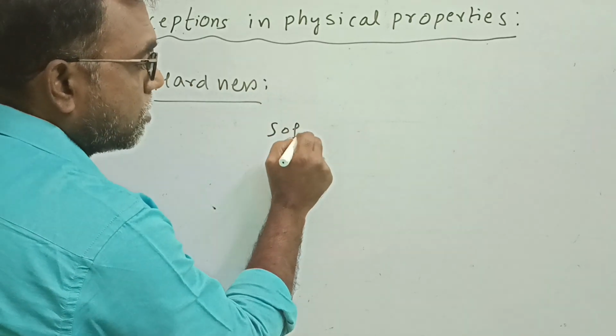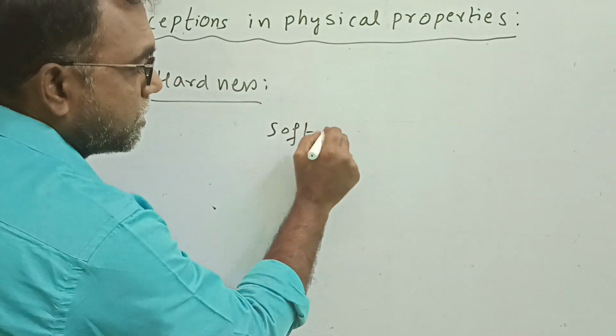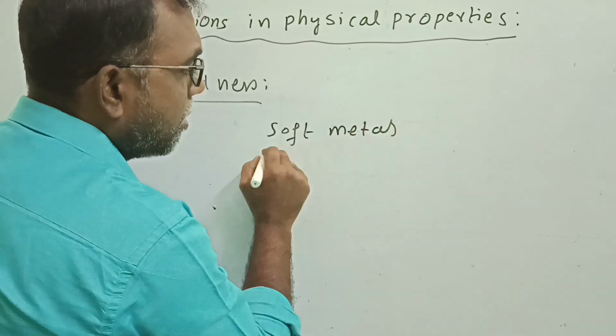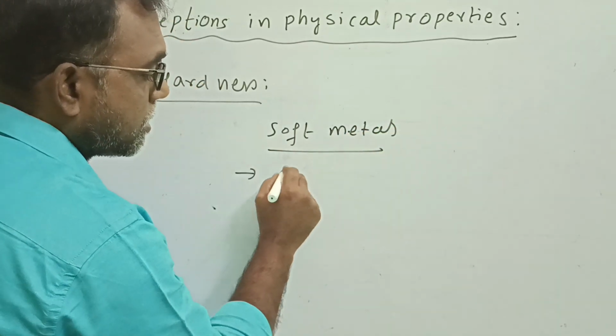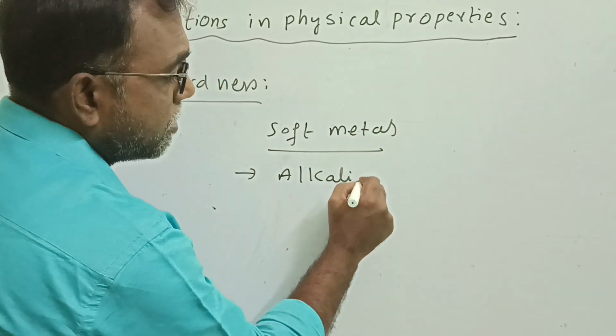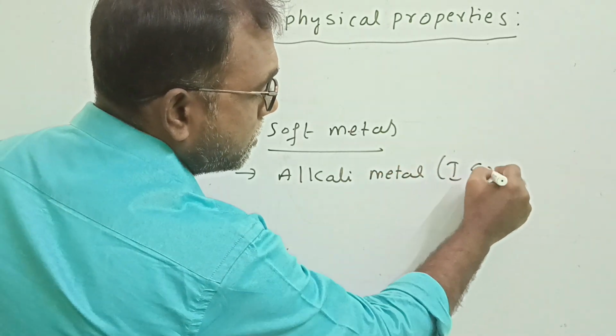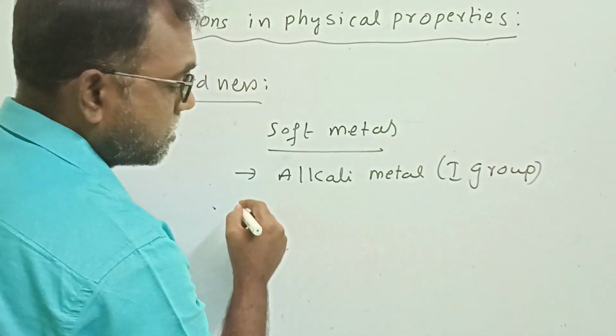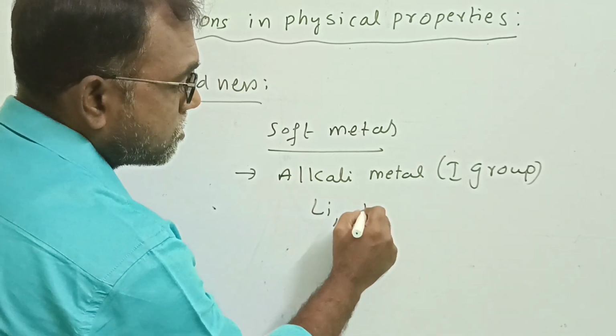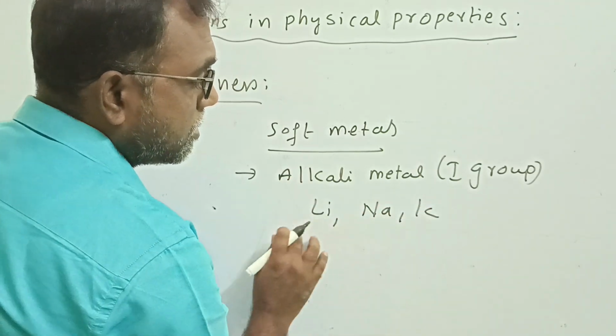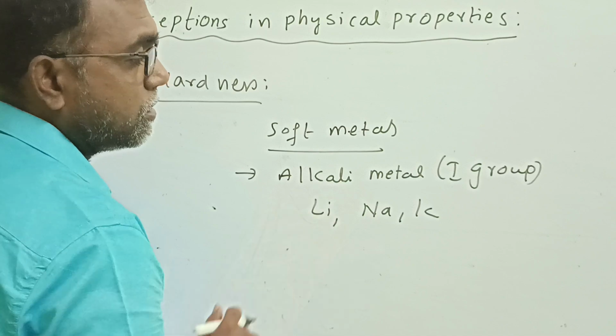So soft metals come under alkali metals. Alkali metals come under the first group elements. Example: lithium, sodium and potassium. These elements are soft in nature.